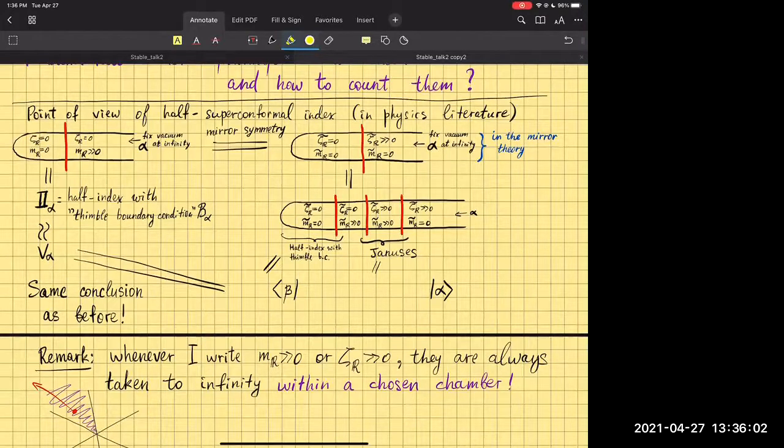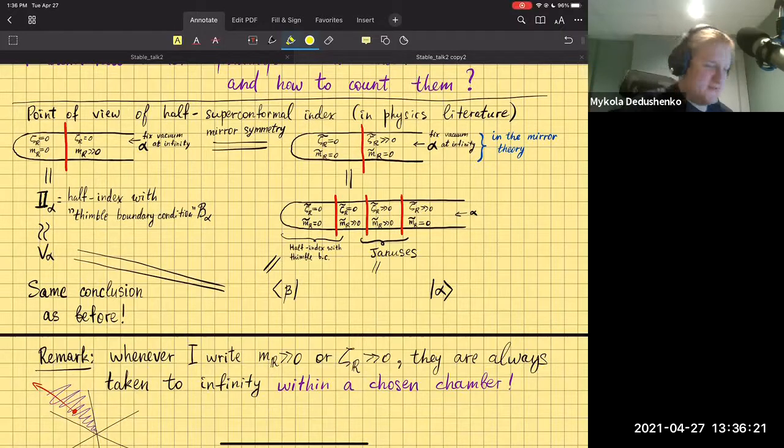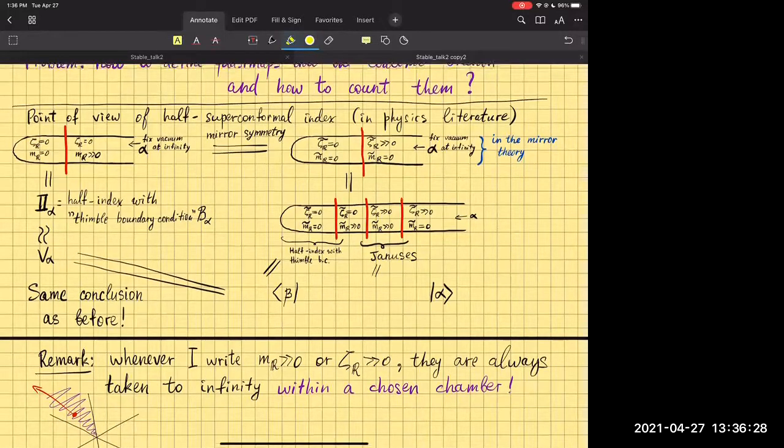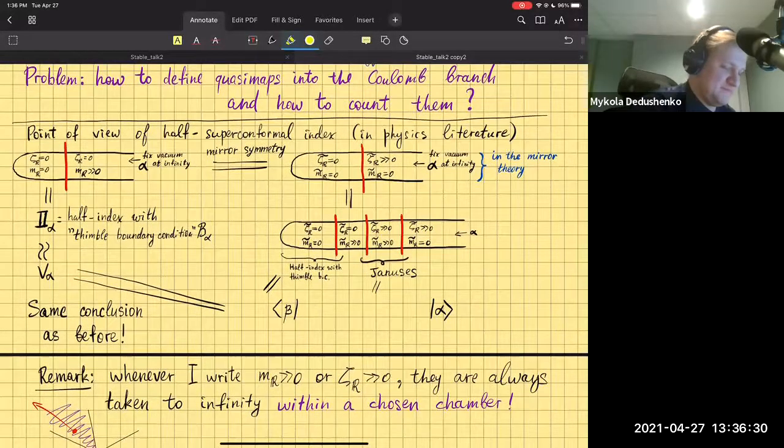That is not so easy because, for instance, suppose the Coulomb branch is a point. To count quasi-maps to that, you need to write that point in some non-trivial way, and even that starting point is already very non-trivial. There are many Nakajima varieties, for instance, that are points. So, as I said, I cannot say anything useful about that.